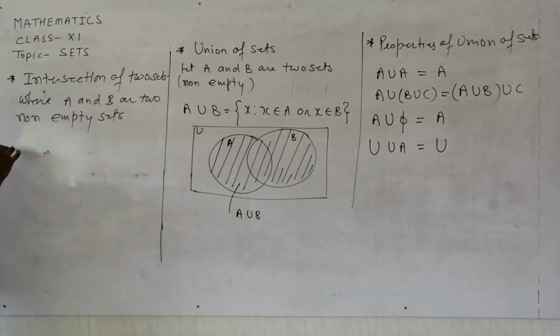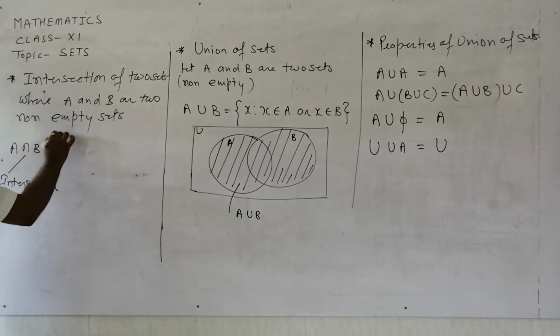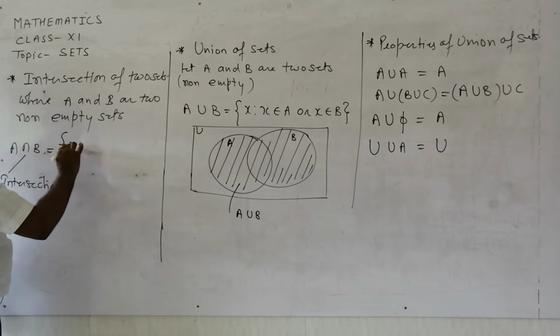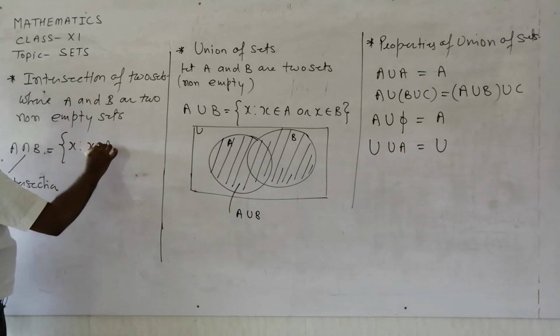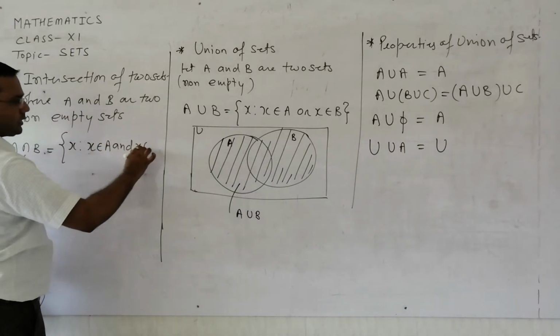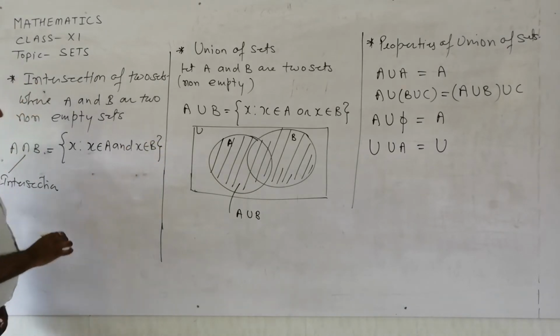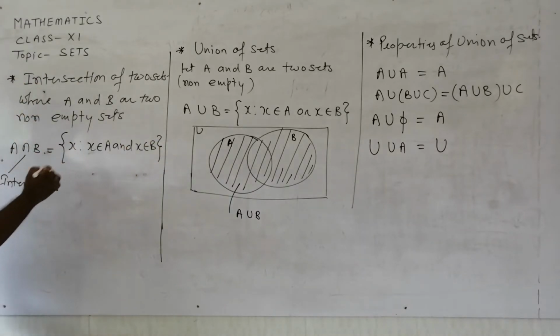See now, what is the meaning of A intersection B? This symbol represents intersection. The meaning of A intersection B is X such that X belongs to A and X belongs to B. Means the common elements of A and B.